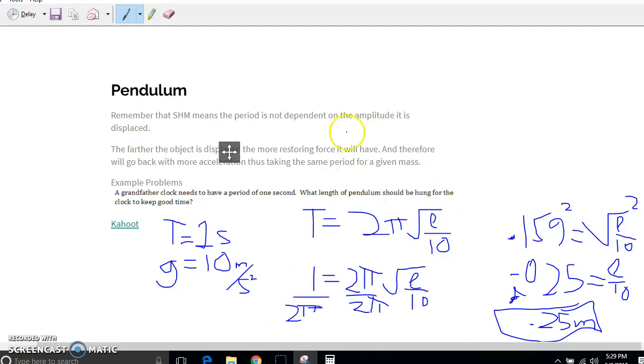Interestingly enough, on planet Earth, if you wanted a grandfather clock to take 1 second to move back and forth for a period, you would make it 0.25 meters. This is the size that all grandfather clocks should be if you want them to go back and forth in 1 second. Pretty interesting, I think.